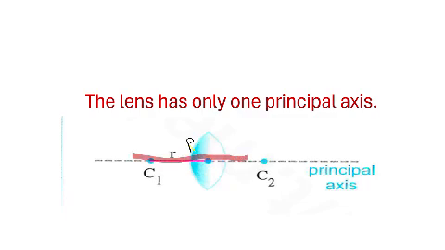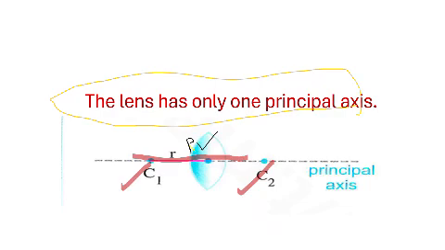Any lens has only two centers of curvature and only one optical center, so it has only one principal axis. This is a very important note in our lesson.